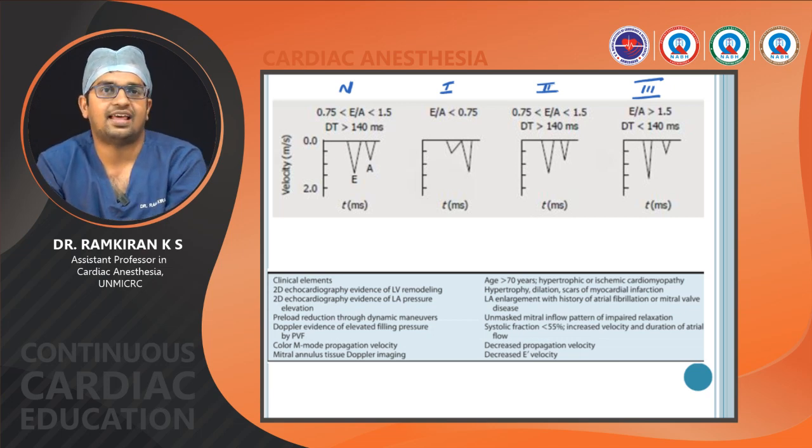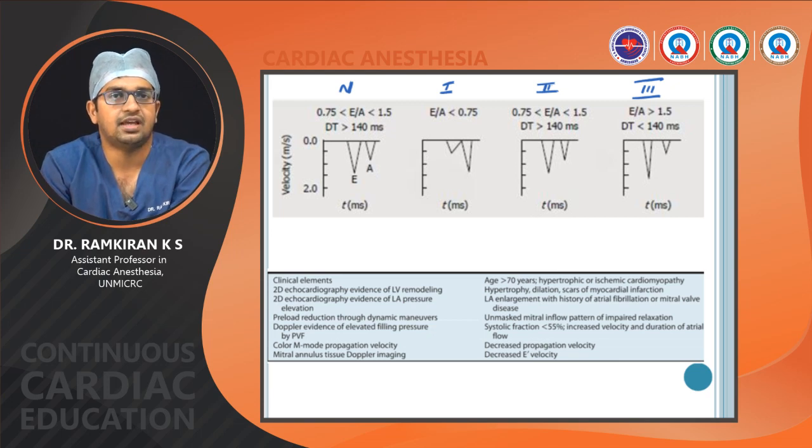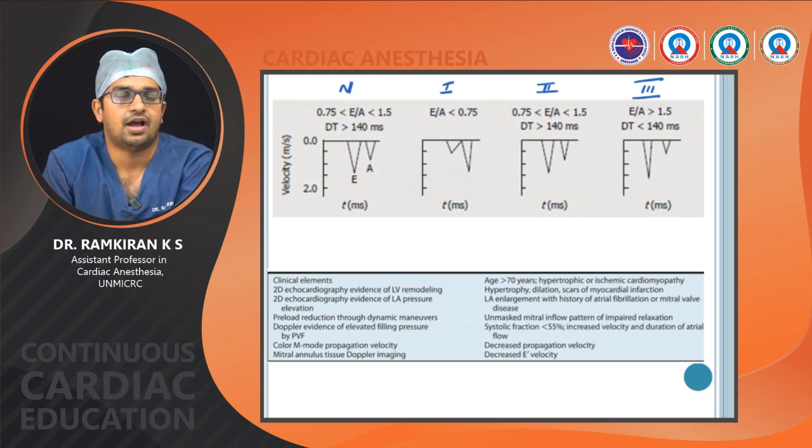And apart from that, there are other parameters which we'll be discussing, which can be helpful to differentiate the pseudo normal phase from the normal phase, that is propagation velocity, and in fact tissue Doppler imaging, where there is a consistent decrease in E prime velocity throughout all stages, right from stage 1 to stage 3, but it is normal in stage 0.